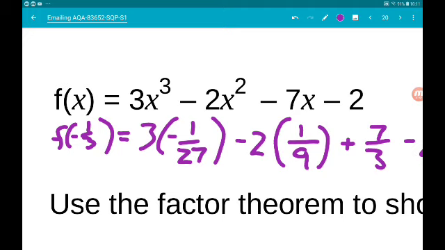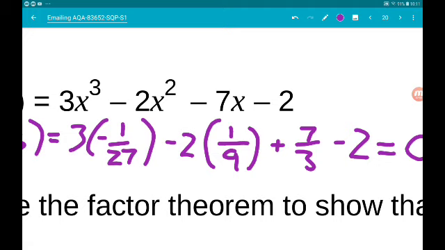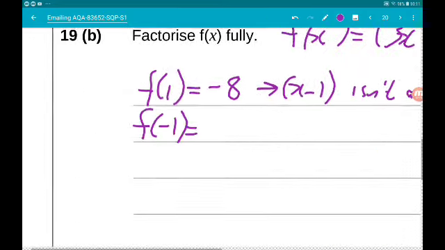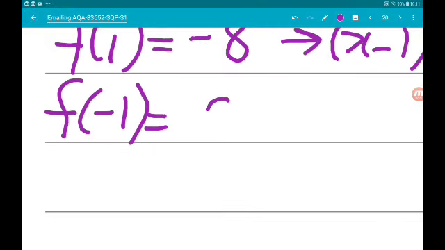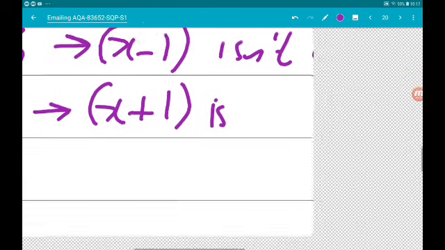So we got minus 3 minus 2. So up to there, that's minus 5. And minus 7 times minus 1 is positive 7. So minus 5 add 7 is 2. And a minus 2 on the end, we do get 0. So f of minus 1 is equal to 0. That means x plus 1 is a factor.